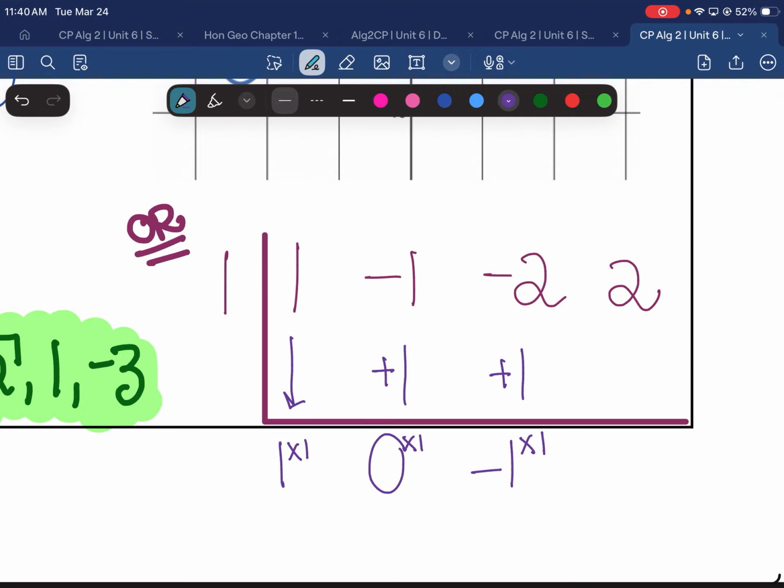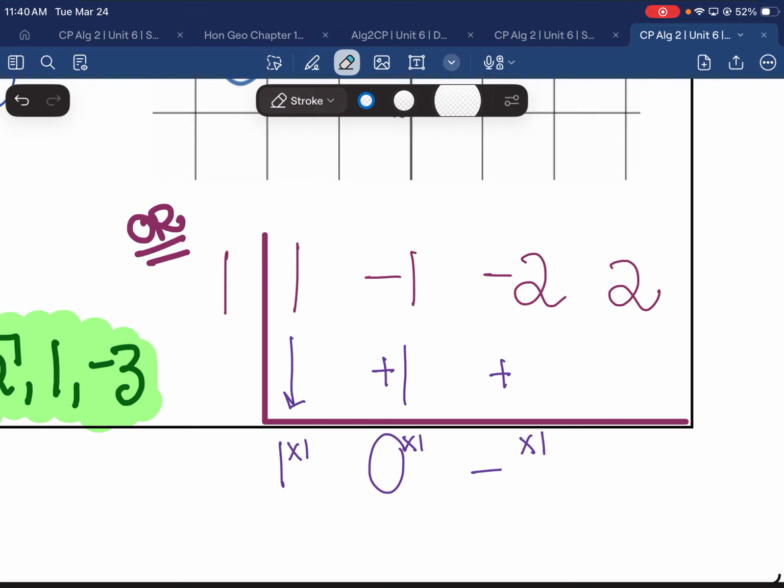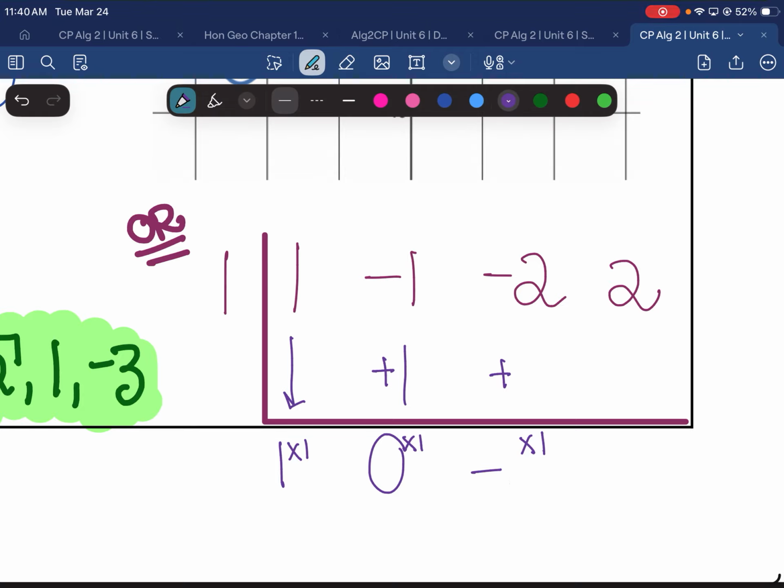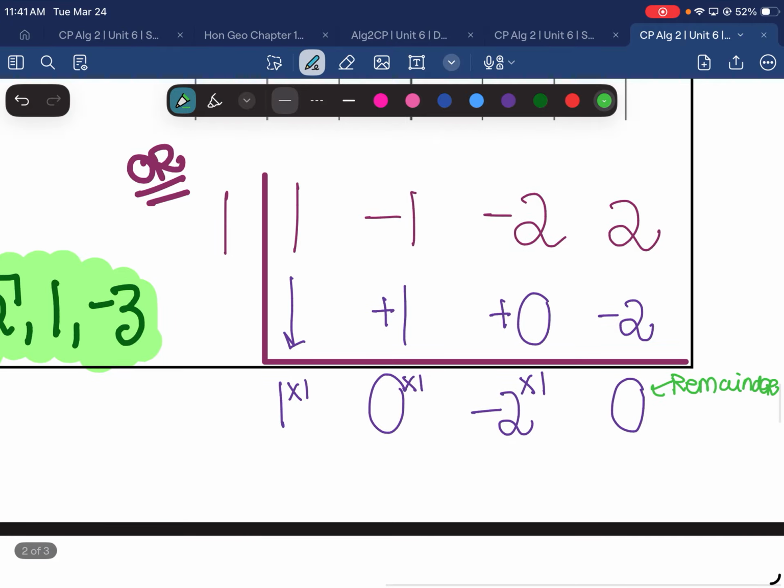Wait, I think I did that wrong. Sorry. 0 times 1 is 0. My remainder is 0. But what do you get?